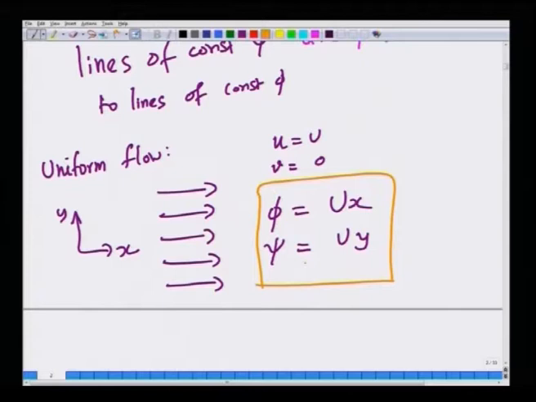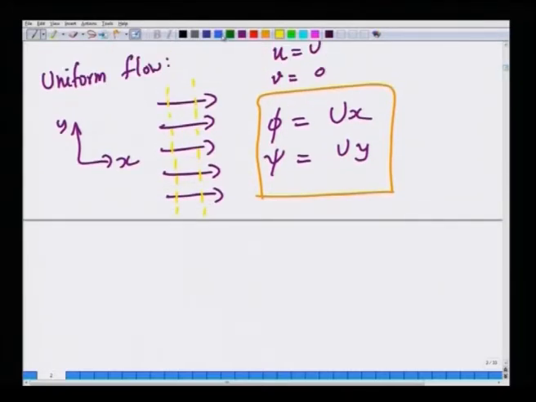So, lines of constant potential are found by putting constant values of x. You will find that lines of constant potential are vertical lines along the y direction, while lines of constant stream function are obtained by putting values of y, because psi is simply u y, which are just horizontal lines, which makes sense for a uniform flow.